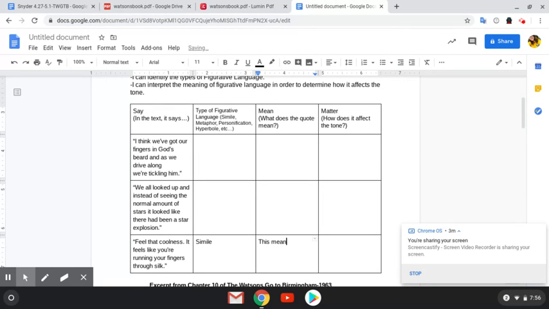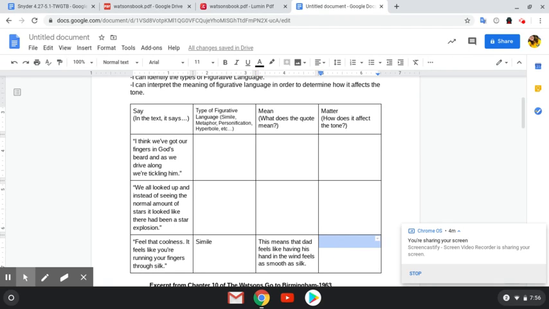This means that Dad feels like having his hand in the wind feels as smooth as silk. So it explains that he's not really running his hand through silk, but it feels like that when his hand's in the wind.